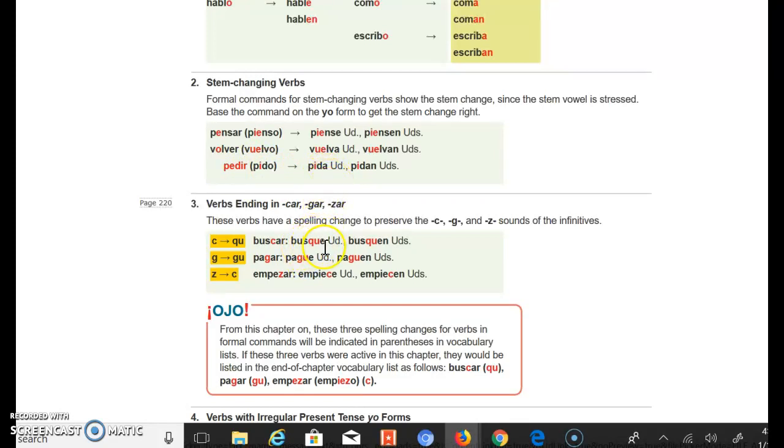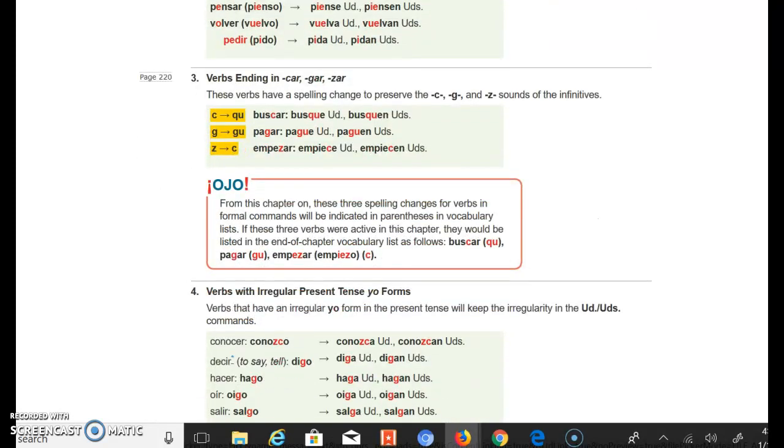The CAR changes to QUE, GAR changes to GUE, and ZAR changes to CE in the commands. Busque, look for it. In the plural, it's busquen. Just put an N on it for the plural. Ustedes, you all look for something. Pague, paguen, pay.